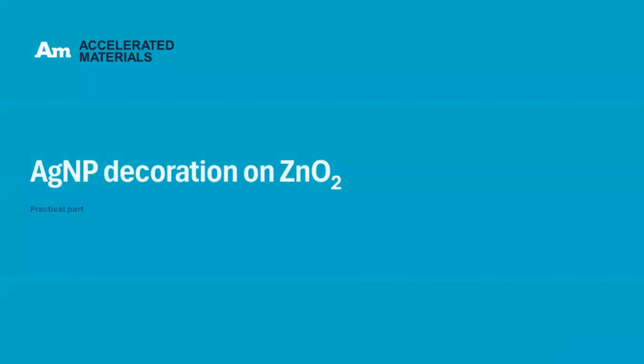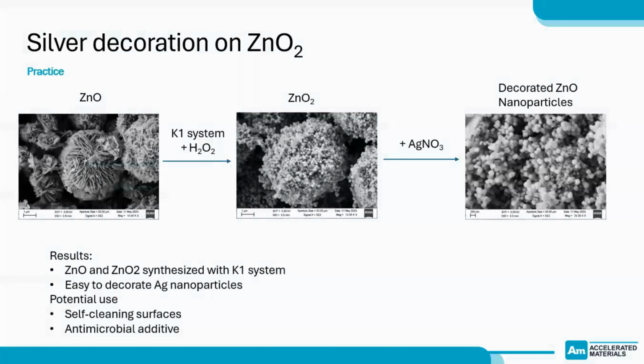All right. So there were also some experiments with the decoration of silver nanoparticles on zinc oxide. Zinc oxide can be converted into zinc peroxide. After that, if it is mixed with silver nitrate, it can be reduced back to zinc oxide, and the nanoparticles will be decorated directly on the particles.